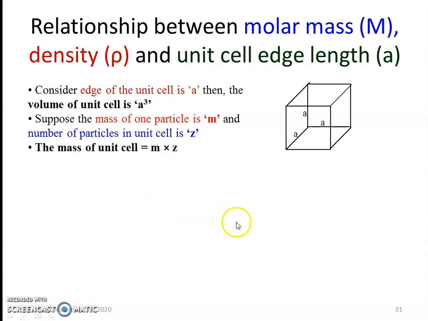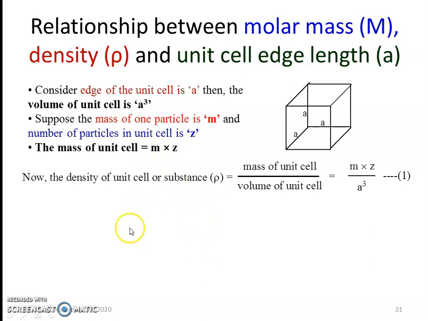Now the mass of the unit cell is equal to the mass of one atom into the number of atoms, that is m into z. So this is the mass of the unit cell, m into z. Now the density is given by rho, and it is equal to the mass of the unit cell upon the volume of the unit cell.